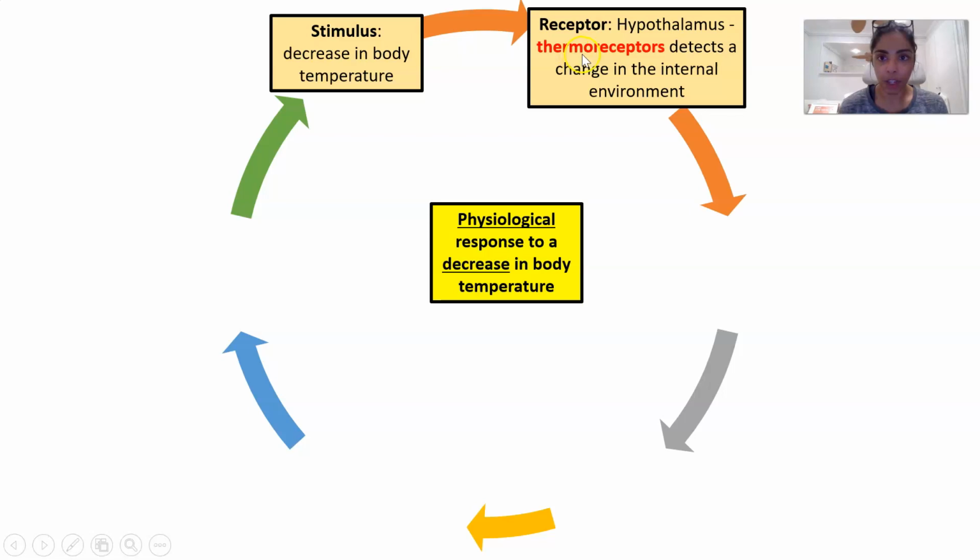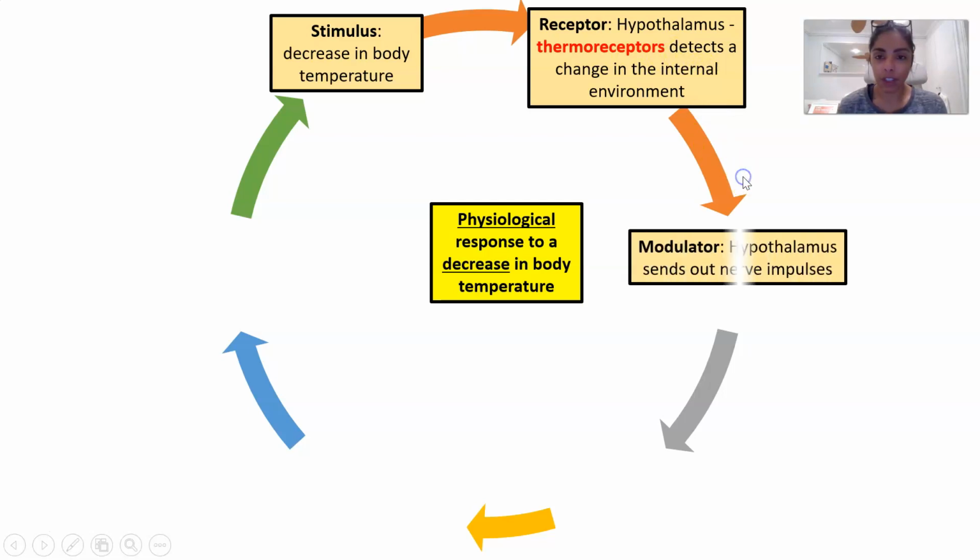It's important that you use the correct terminology to achieve the best marks. So we're going to be looking at thermoreceptors. And it's important that you state where these thermoreceptors are located, which is the hypothalamus. The modulator, which is also the hypothalamus, sometimes it can be the same thing, and that's fine.